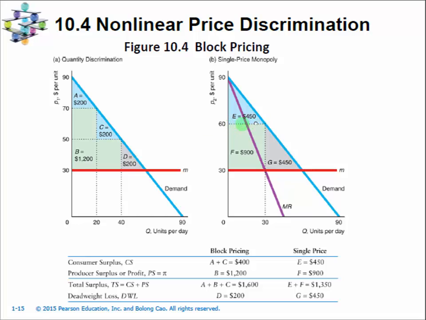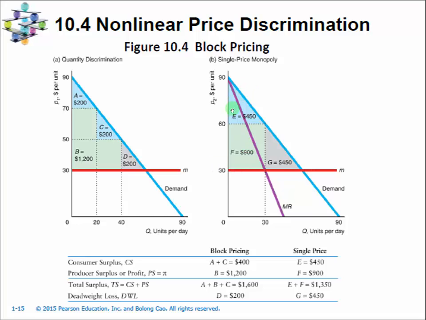So the total expenditure by a representative consumer in this market is 60 times 30, $1,800. And the variable cost for the monopoly here is 30 times 30, that's $900. So the producer surplus for this monopoly is $1,800 minus $900. This area F is $900.